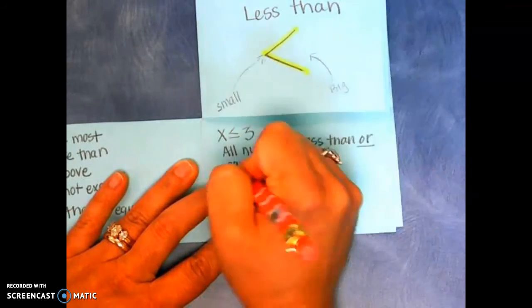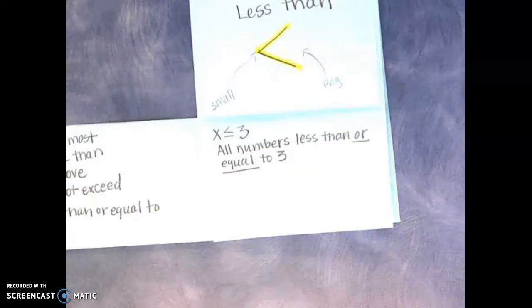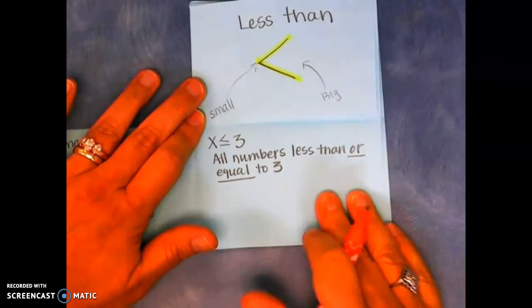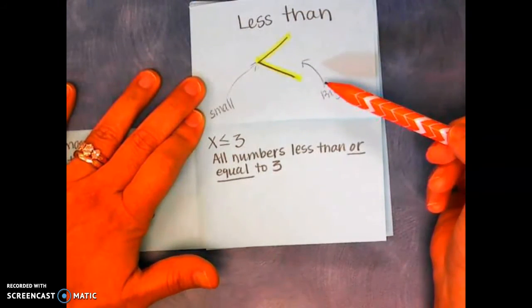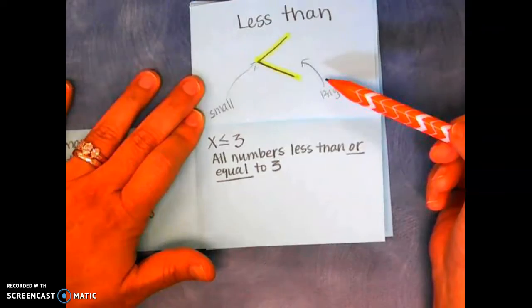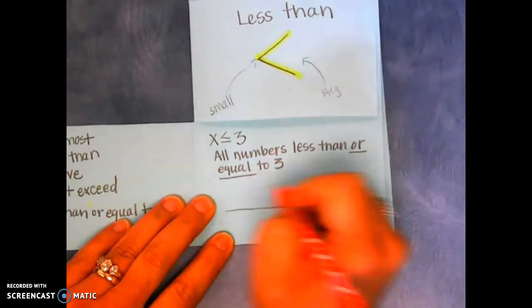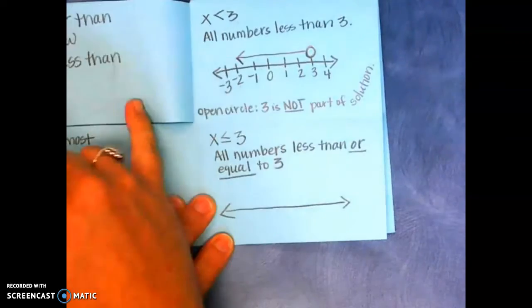And that big difference is right there, that or equal to 3. You're adding in the 3, where the less than says, nope, you can have anything up to 3, but 3 is not possible. Okay, so in here, you're going to draw my number line again, very much like the number line you drew up here.